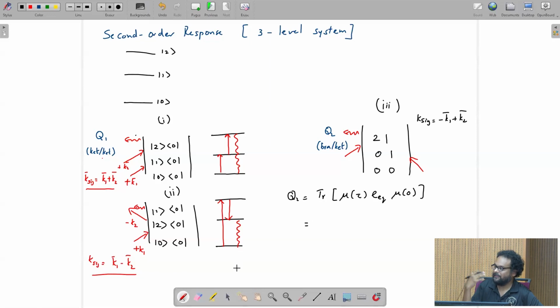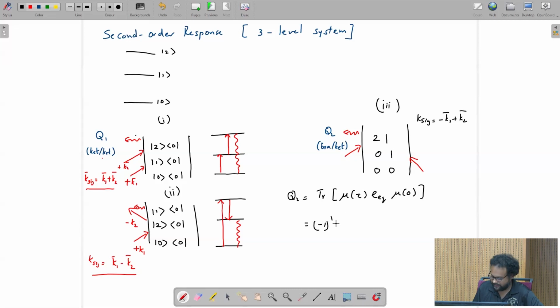Remember, one of the rules is (-1) to the power n. What will be the sign that you want to assign for this particular diagram? It's the number of interactions on the right side of the diagram. How many interactions exist? 1. So it should be -1, that is, -1 to the power 1.